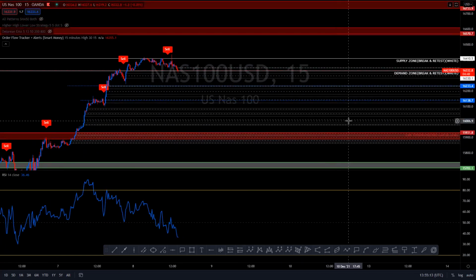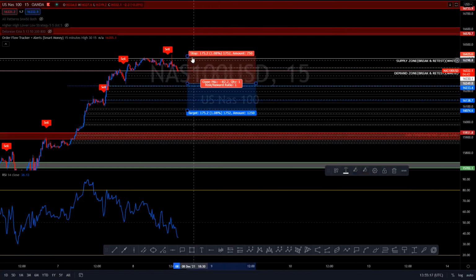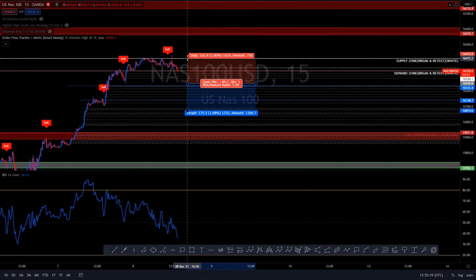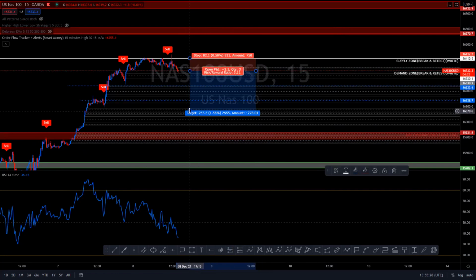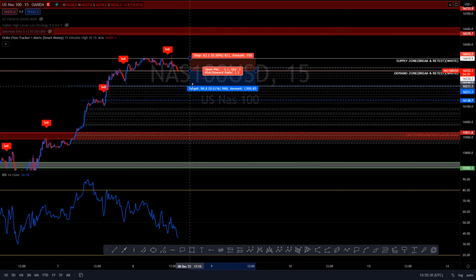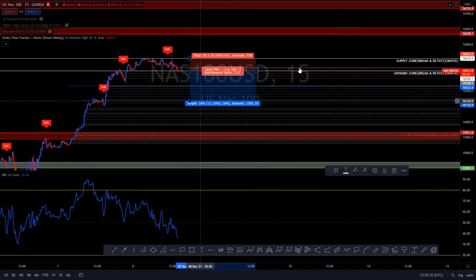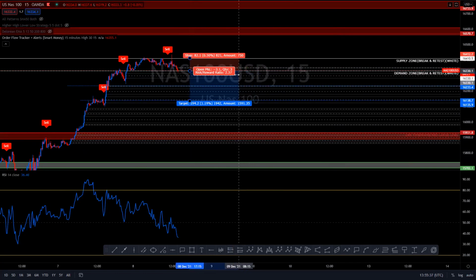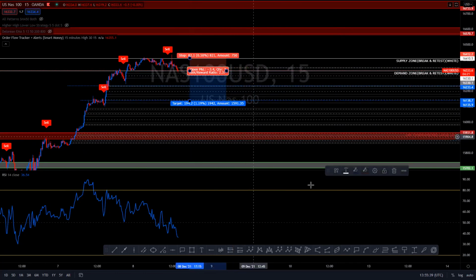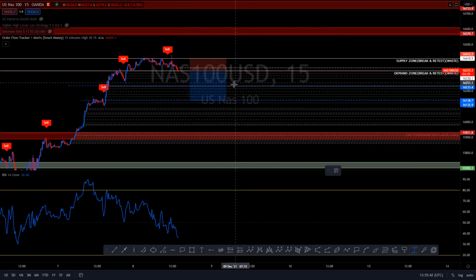So here's how we're going to do it. We're going to take our risk to reward tool and put that here. It didn't break and retest this, so I'm still going to put it here. First take profit, second take profit, no question. And I'm going to move this over. I'm sorry.